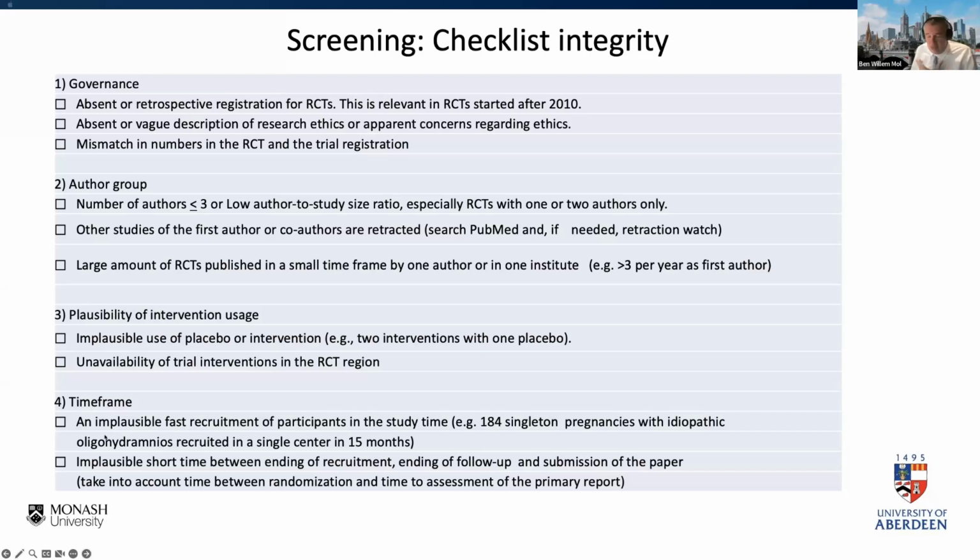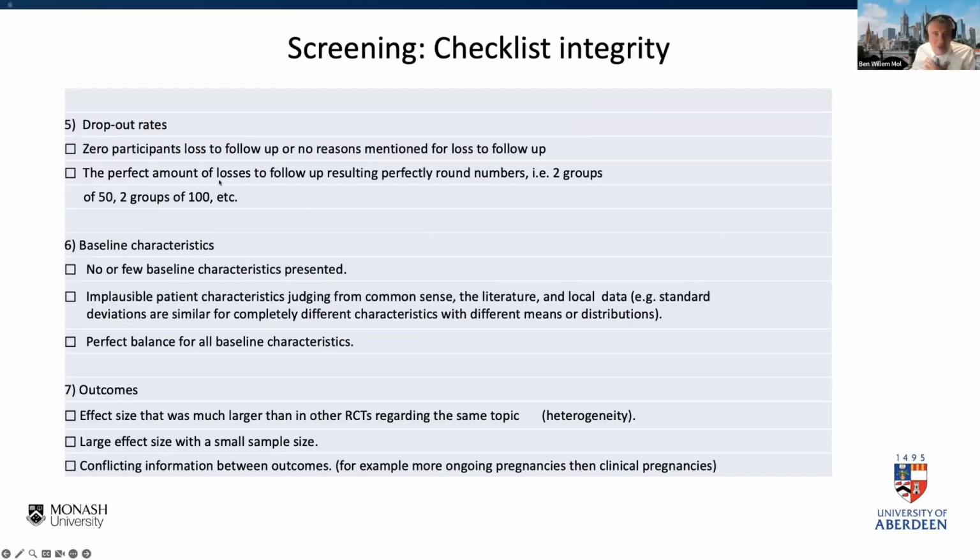Time frame. I work in obstetrics and reproductive medicine. If you study IVF and you report on live birth, then you need at least 9 months before you can report it. And there is a remarkable number of studies that don't fulfill that criterion. Dropouts: papers with 0 dropouts are suspicious.